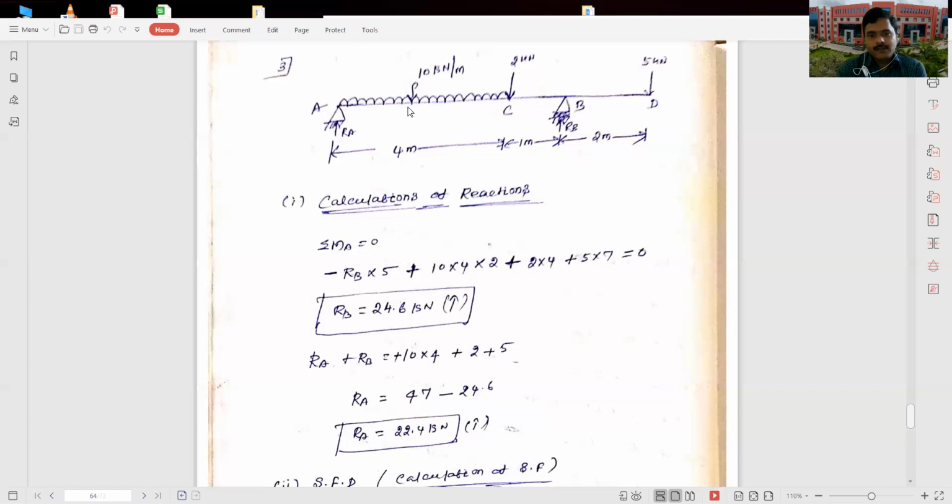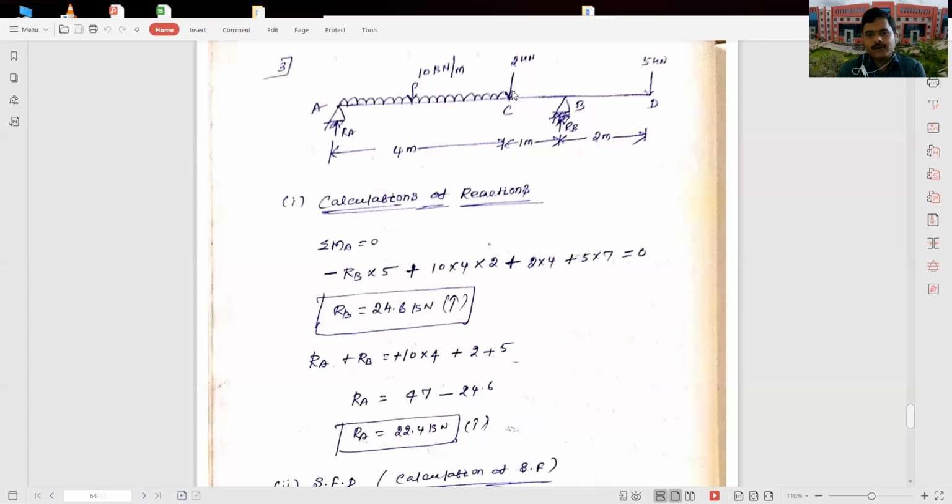So, clockwise about the section you consider, therefore it is positive, therefore plus 10 into 4, point load, into distance, which is from here to here, 2. So 10 into 4 into 2, plus, you can see this load into distance. This load is 2 kilonewton into a distance of 4 meter.